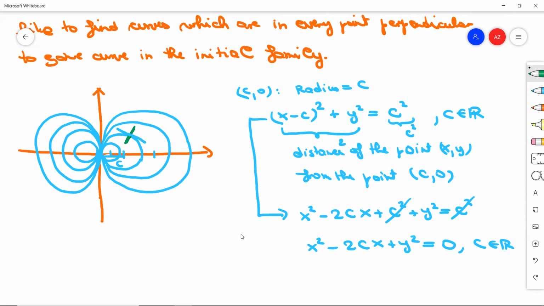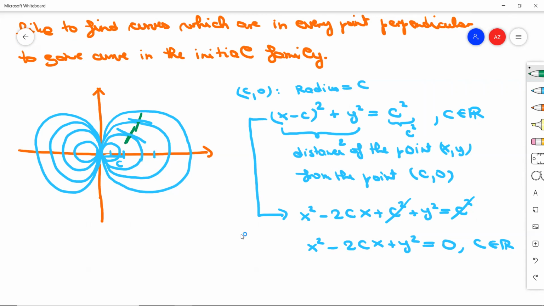And then at another point here, for example, the tangent to the initial curve from the family is this. And since our family of curves must be perpendicular to the initial family, the tangent to our solution must be like that.